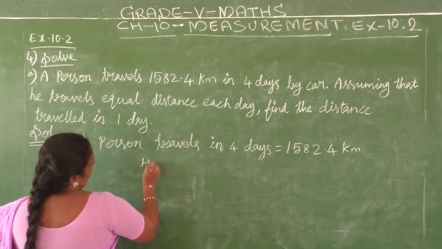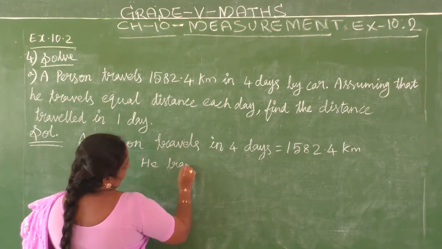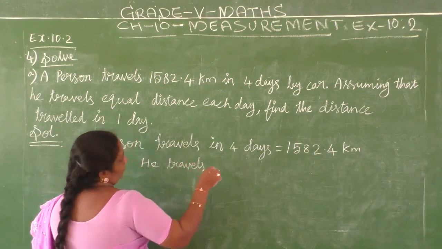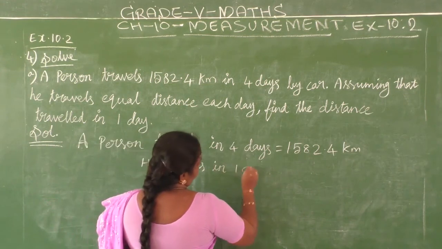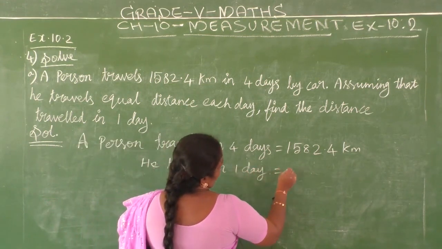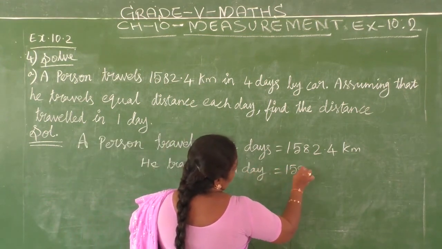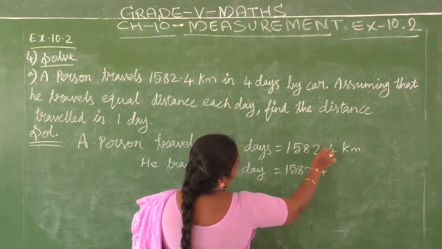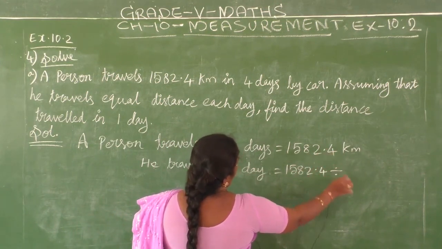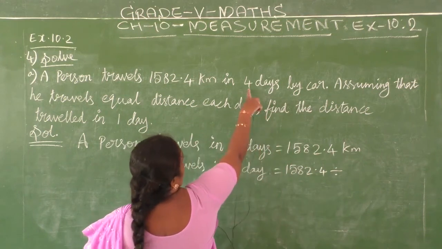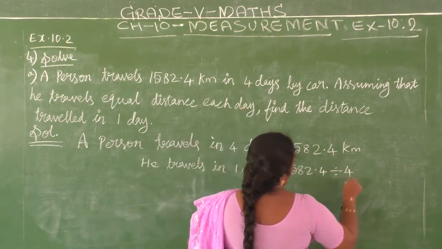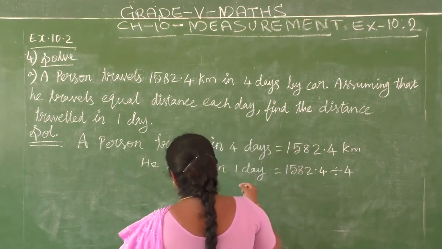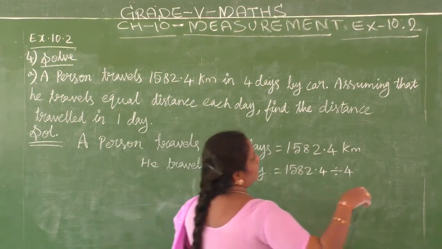He travels in 1 day 1582.4 divided by 4, because they gave it's a 4 days distance only. We can divide by normal division. I work out the division sum on the side.